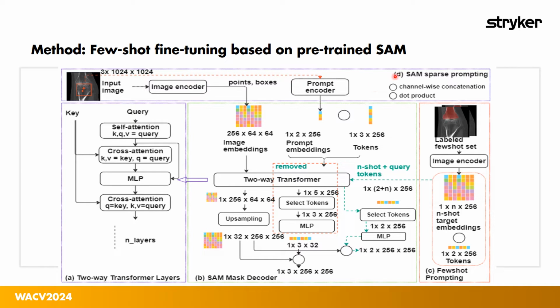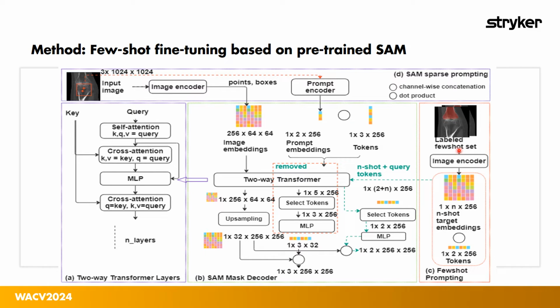The top box here is the original SAM. Our approach is on the few-shot prompting side. We don't use any prompt encoder. Instead, we replace the prompt encoder with the process of extracting label embeddings from a labeled few-shot set of images.